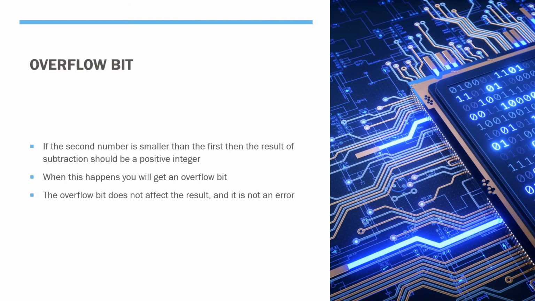Because this is a bit of a tricky concept, let me go back over it again. If you're doing a binary subtraction and the second number is smaller than the first, then your result will be positive. When this happens, an overflow bit will occur, but this is not an error. In this case only, it's not an error.